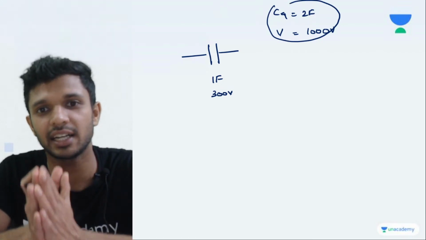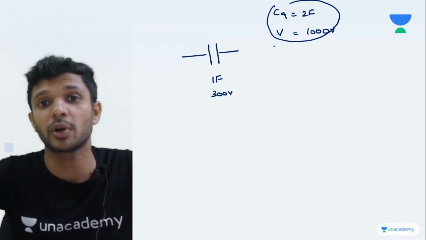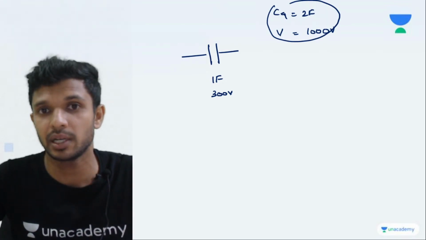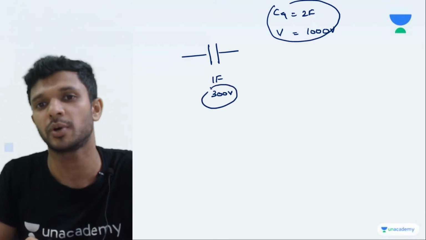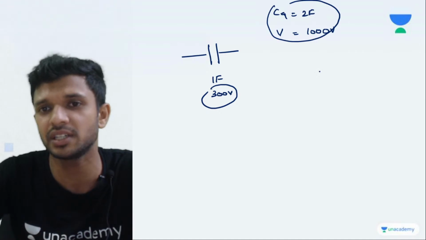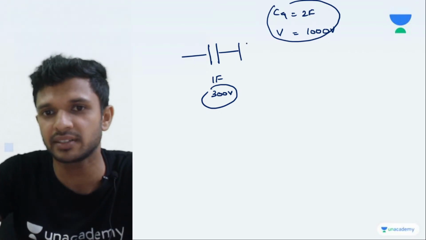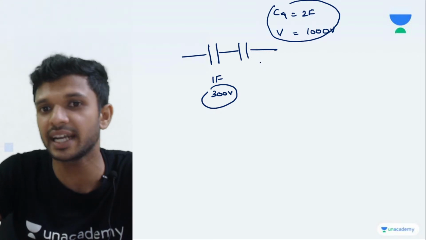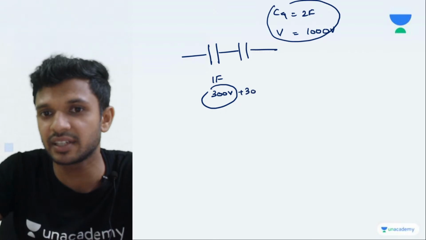Okay, let's start connecting. A large number of 1 farad capacitors are available, but across each of these capacitors only 300 volt is possible. So how can you make a combination where 1000 volt is possible? Can I connect 2 capacitors? If I connect 2 capacitors, how much voltage can be dropped? 300 plus 300, right?